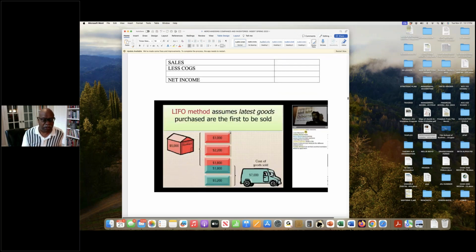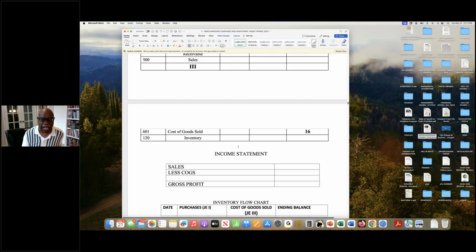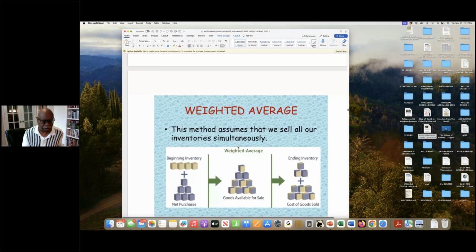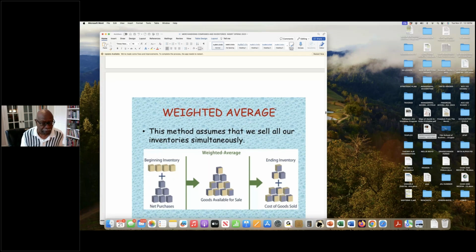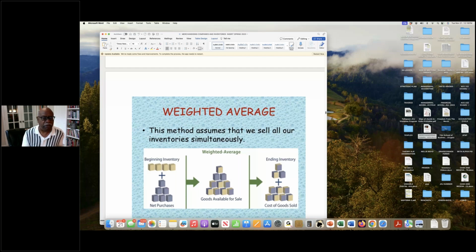And then for A students, you got to add to it the weighted average. So probably that Tuesday of the last week, we'll have that quiz. And it'll have all three methods on there. But C students just have to do FIFO, B students have to do FIFO and LIFO, and A students have to do all three and pass it if they want to exemplify.